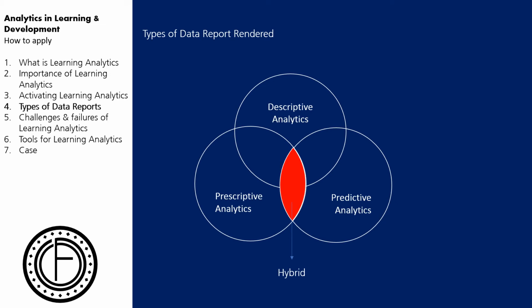If you look at the cycles, you will see that there are points of intersection. You have descriptive intersecting with predictive. So sometimes you have your report having elements of being descriptive and also predictive, and sometimes descriptive and also having an element of prescriptive. So by and large, these are the kind of reports that you should have.